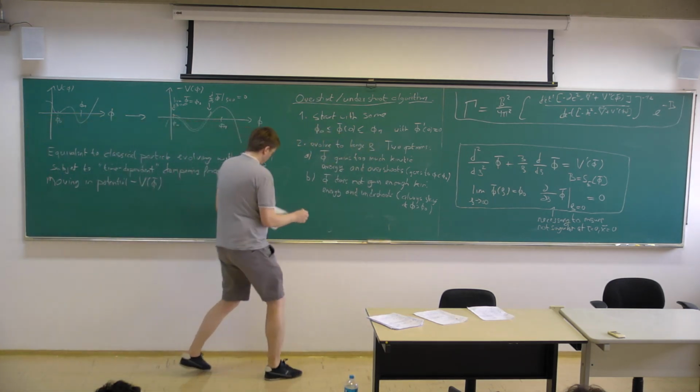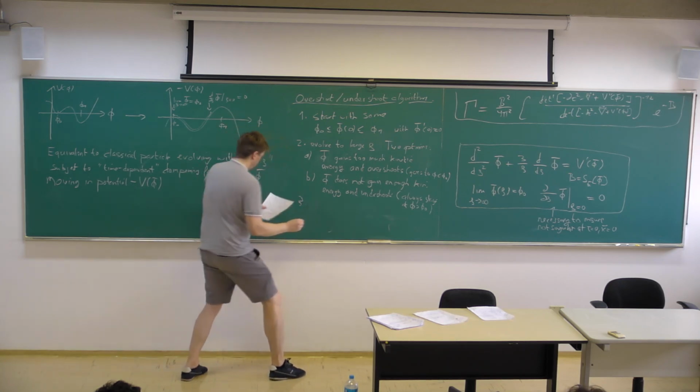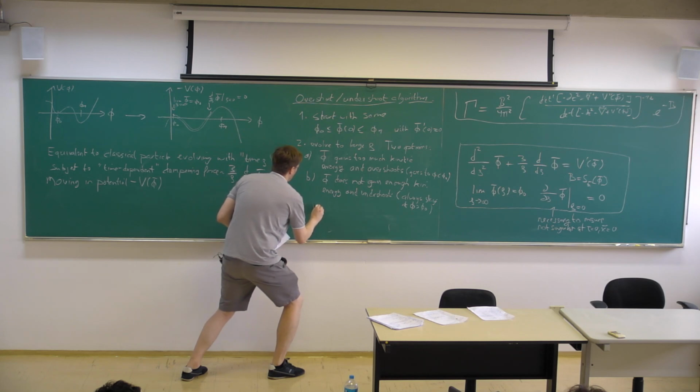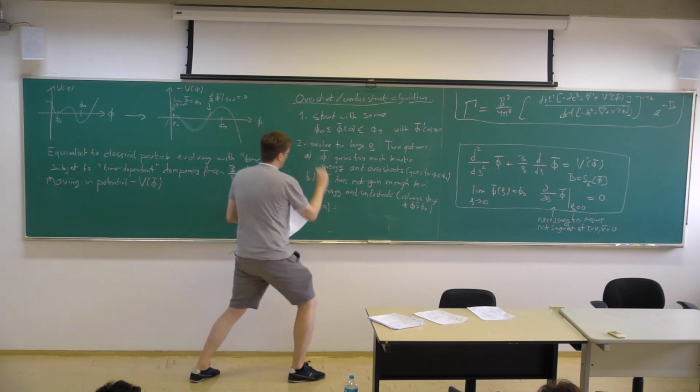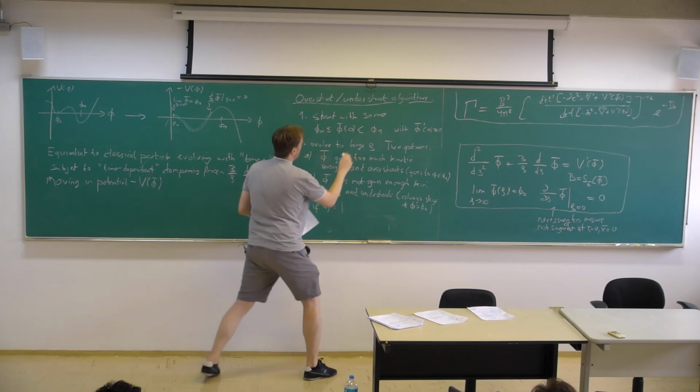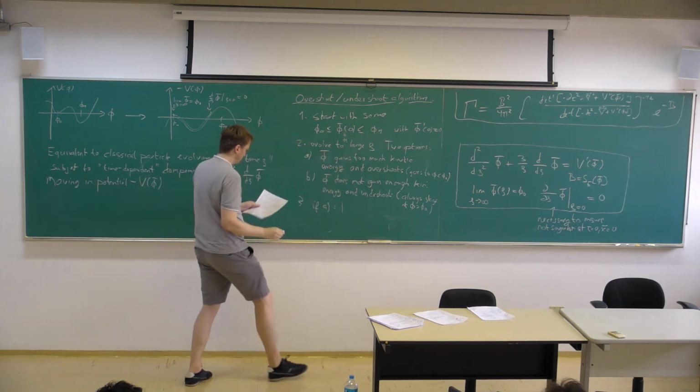Okay, and now the third step in the algorithm is, if you're in situation A, then you go back to 1 with a smaller phi. Let me call this phi initial. That's my initial value.